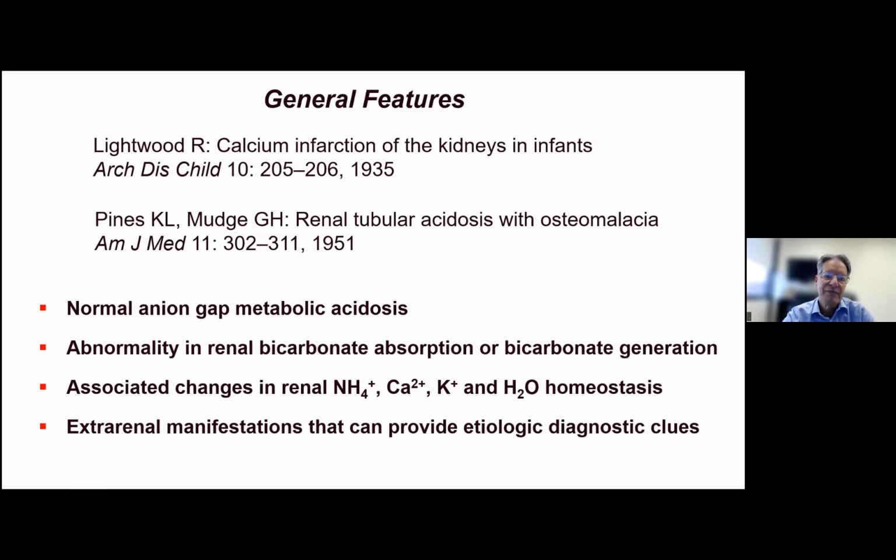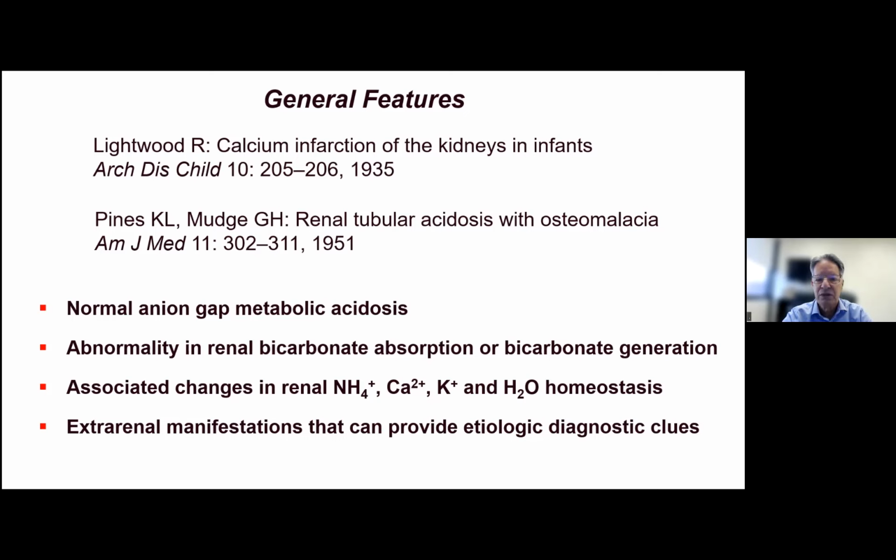And what he described were pathologic changes in the kidneys of infants, where there was calcification of the kidney that we now call nephrocalcinosis. And in retrospect, these patients probably had distal RTA. It wasn't until the 1950s in an article by Pinnis where the term renal tubular acidosis first appeared in the literature, and it was associated with bone abnormalities.